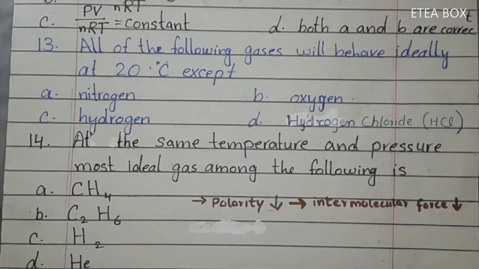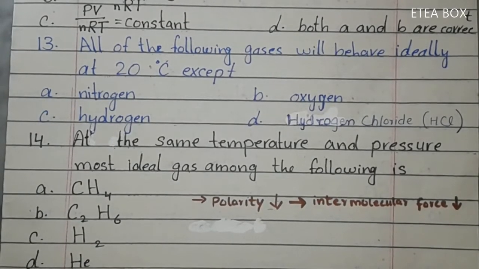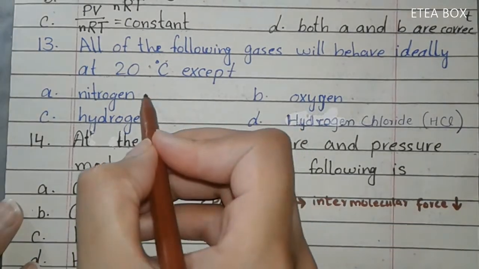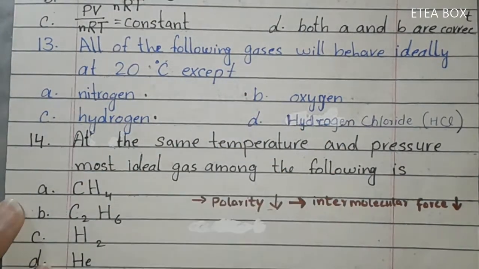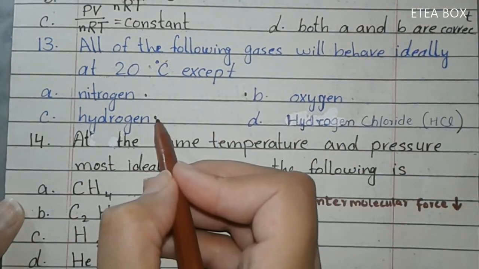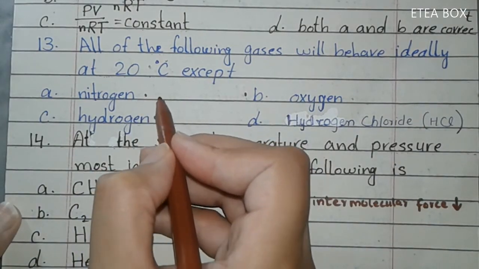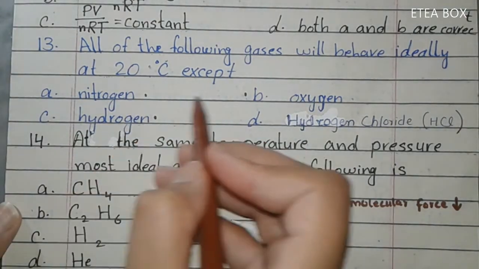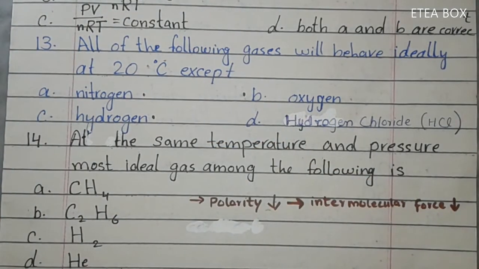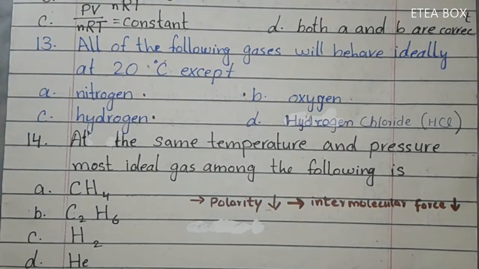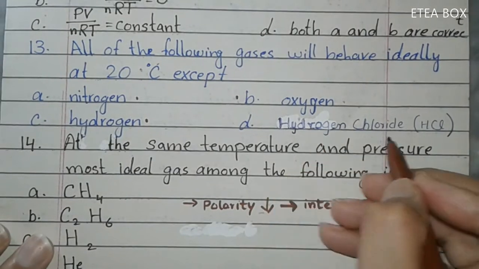Now look at the next one. All of the following gases will behave ideally at 20 degrees C except. Options A, B, C are non-polar. There is no dipole moment as well as bond moment, because the same atoms combine to form the molecule. They are homoatomic molecules. Now look at hydrogen chloride, HCl.